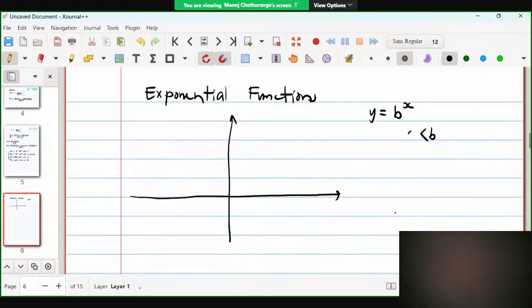Here b is either between 0 and 1 or bigger than 1. For b bigger than 1, the graph typically looks like this. When x equals 0, y is always 1.